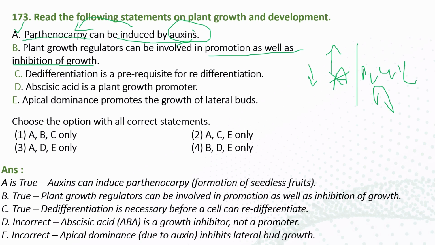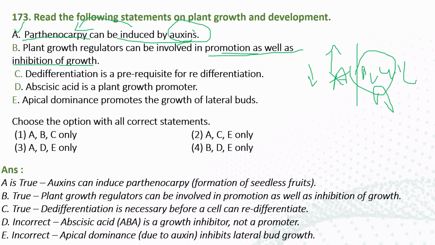So like that, any hormone or plant growth regulator is involved in the promotion as well as inhibition of growth, according to their production. Okay, simply we can say, for example, if you have food in your home, you can eat the food which is sufficient for you. When you feel that your stomach is full, you will not eat, right?